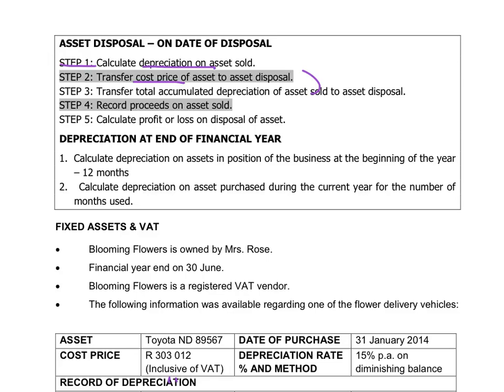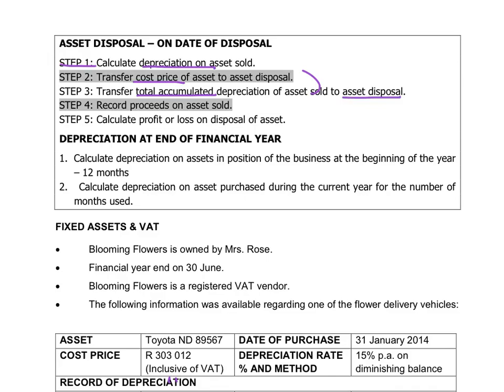The cost price is my positive asset, vehicles. Accumulated depreciation is my negative asset. Therefore, if I remove the asset from my books, I must also transfer the accumulated depreciation from the date the asset was purchased until the asset is sold to the asset disposal account.